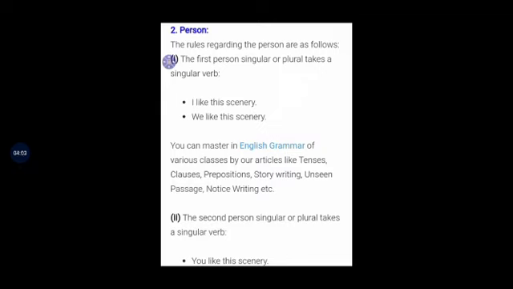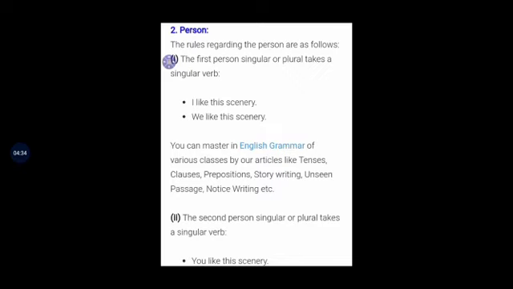The second person, singular or plural, takes a plural verb. The second person means the person who is being spoken to, the listener, whether singular or plural.